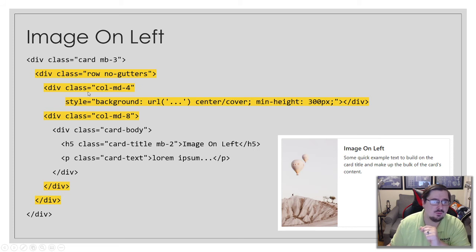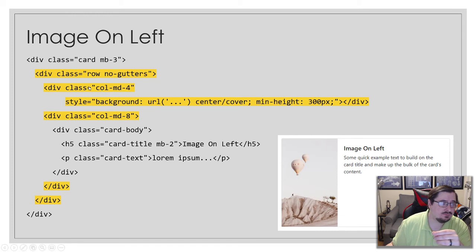So I don't actually want that gutter, which is why I'm setting no gutters to set that gutter to 0. Okay, so that's actually an important little trick in there. And no gutters is not something we use very often because usually that spacing is helpful. But in this particular case, that spacing between columns is not helpful.